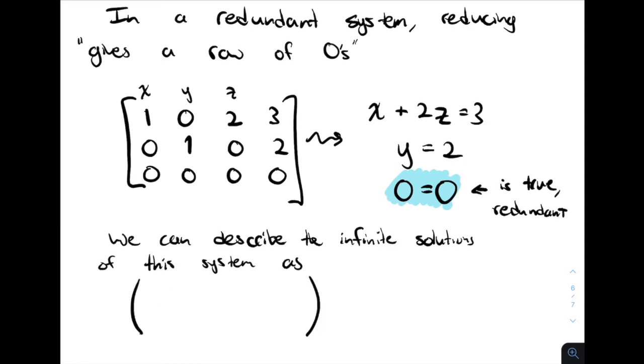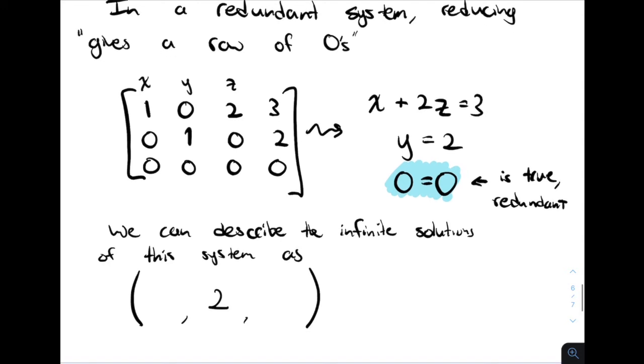To describe the infinite solutions of the system, first we know one thing for certain, y equals 2. To fill in the rest, let's start all the way to the right. The right corresponds normally, in this case, to z. We don't know what z is as a number, but we do know something about z.